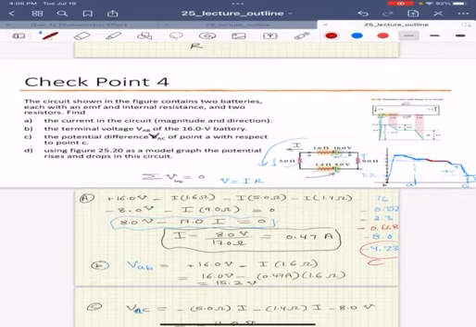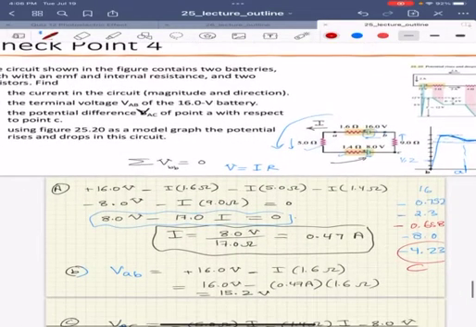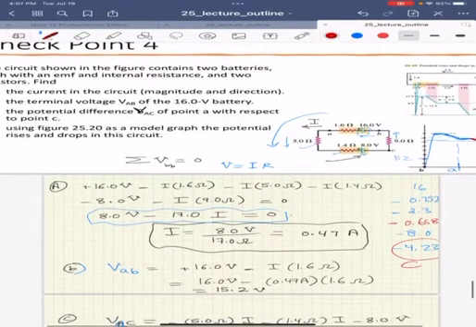If after doing the calculation the current is negative, then it should be the opposite. Here I'm going to sweep the circuit counterclockwise.